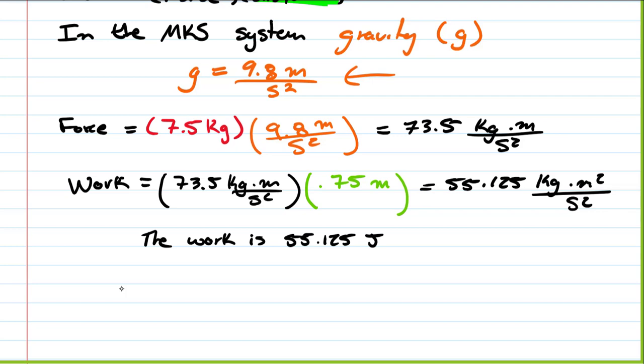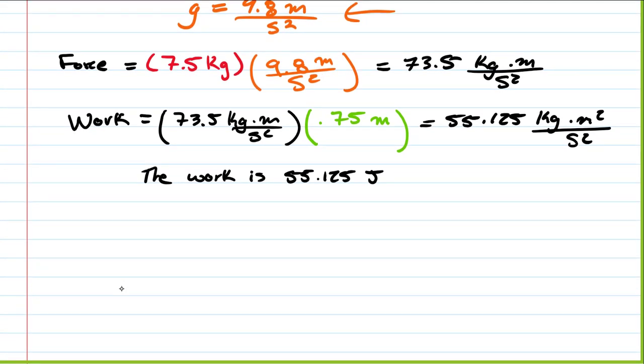One thing that is worth noting, and it will be helpful in the U-Try you're about to do: in the MKS or metric system, the unit of force is a Newton. It turns out in the English or imperial system, the one we use in the United States, the most common unit is actually a unit of force.